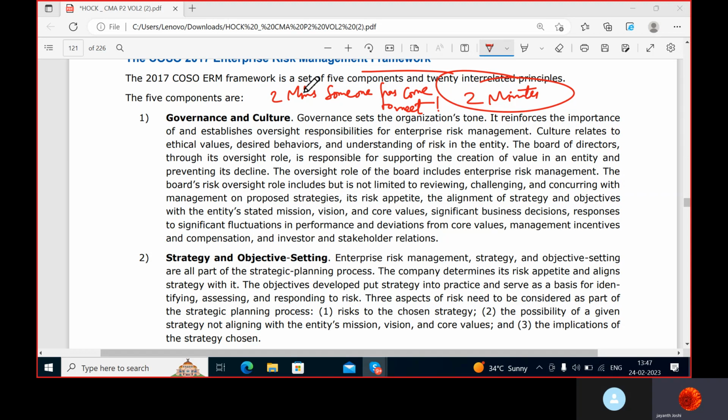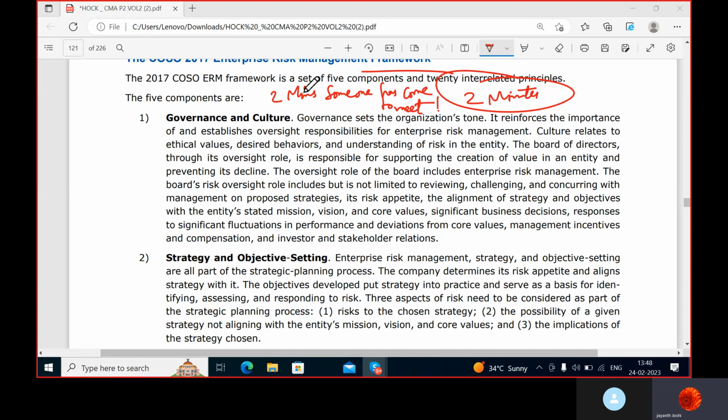Right. So the risk manager of the company has to ensure that COSO's guidelines or COSO's framework are followed for minimizing the risk in the organization. If these guidelines are followed, then there is the least chance of any kind of risk having a very high adverse impact on the organization.